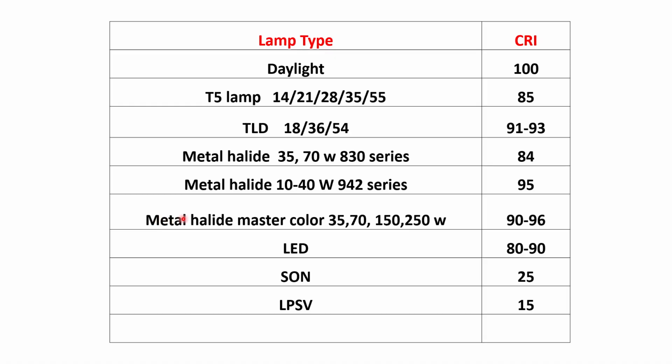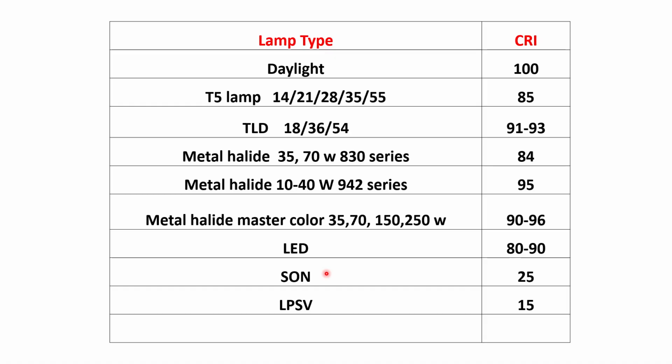Metal halide of 35, 70, 150 and 250 watt are also having good color rendering index. Recently, in the past 5 years, LED light emitting diodes have been used, of which the category which is costly is having a color rendering index of 80 to 90.